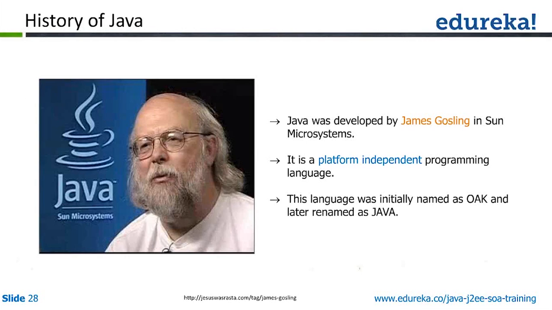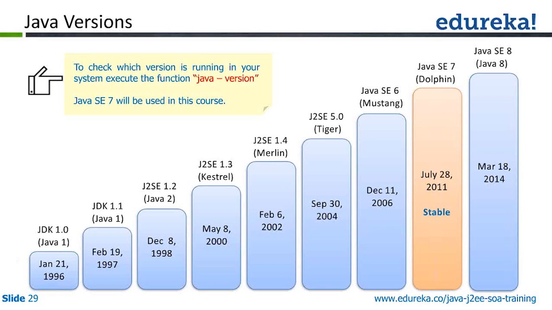Java was developed by Sun Microsystems, and James Gosling headed the project. It's platform independent, which means it runs on any platform.